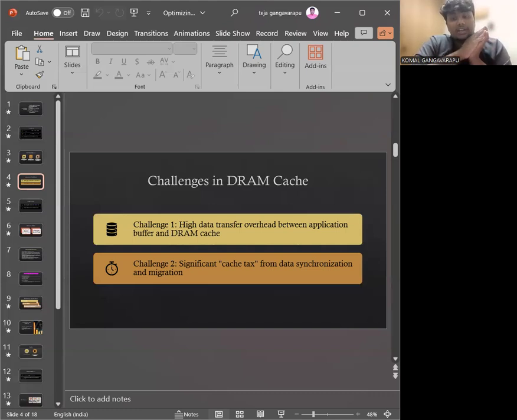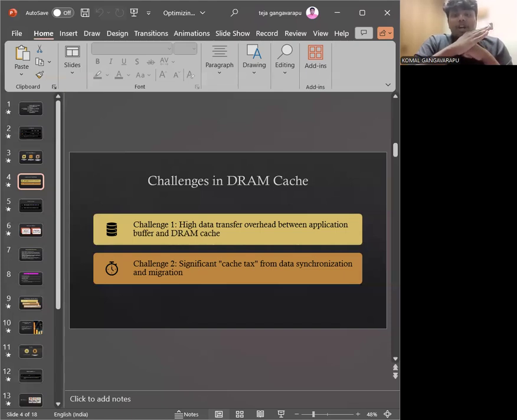The cache tax refers to the performance penalty paid due to the overhead involved in maintaining data consistency and coherence across different data types.